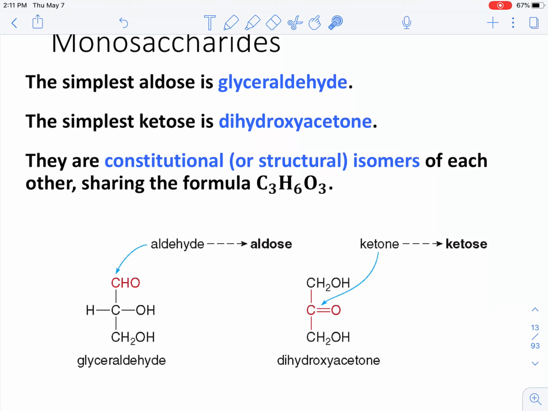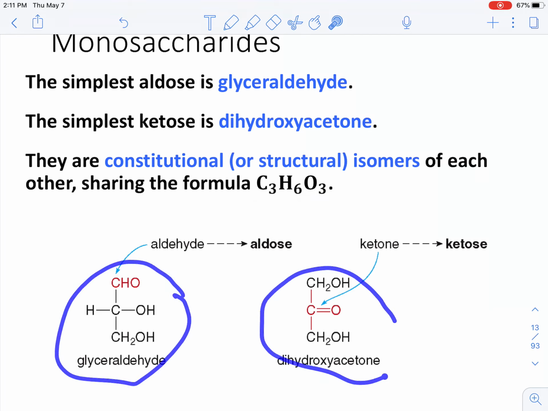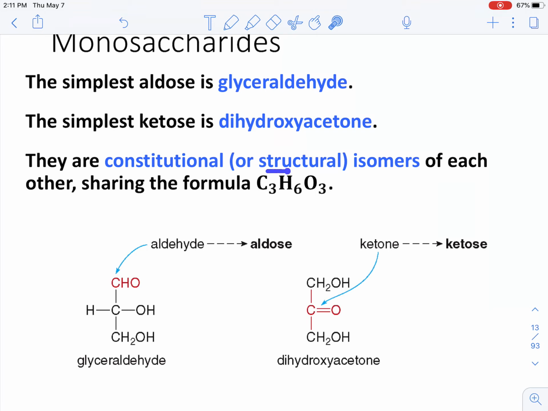If you were to count the number of carbons, hydrogens, and oxygens, you would see that glyceraldehyde and dihydroxyacetone, one an aldose and one a ketose, are just structural isomers of each other.